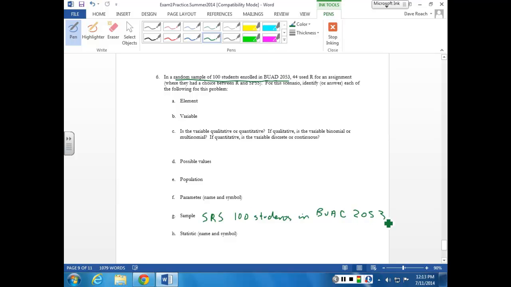So the population will be all students enrolled in BUAD 2053, and the element or case will be one student in BUAD 2053.